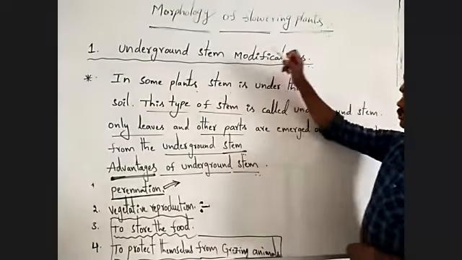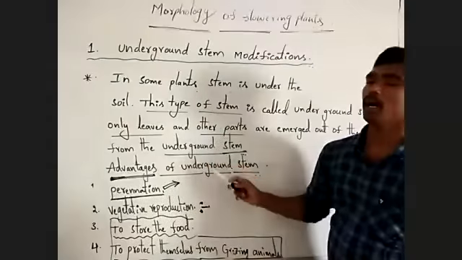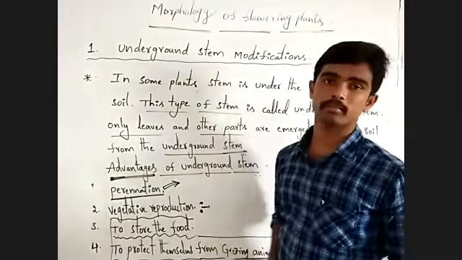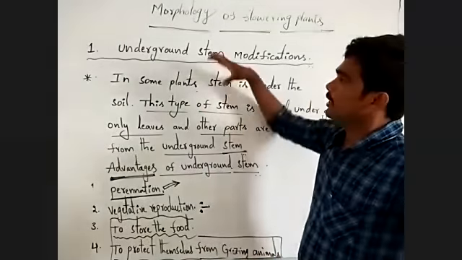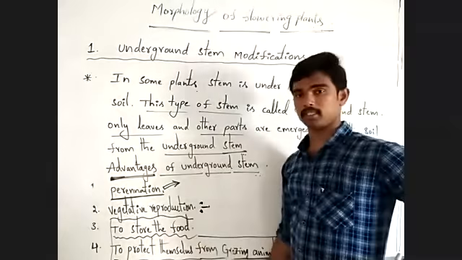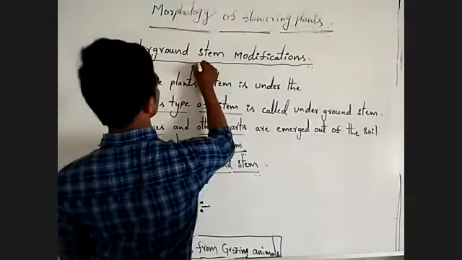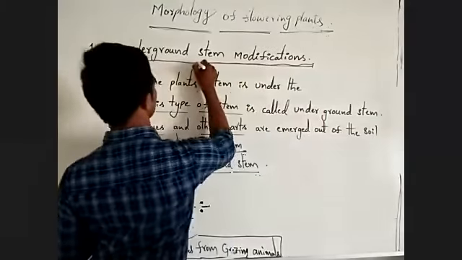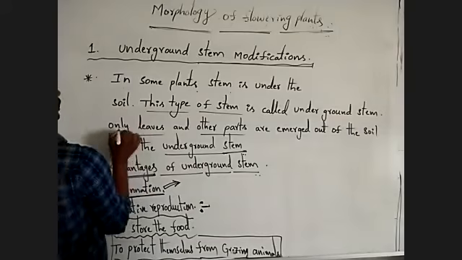Those permanent changes that occur in underground stem to perform the additional activities are called stem modification.